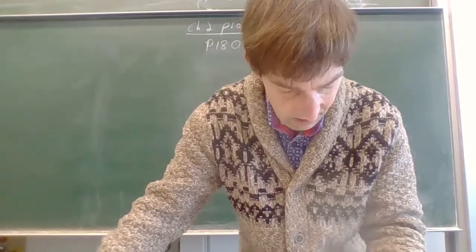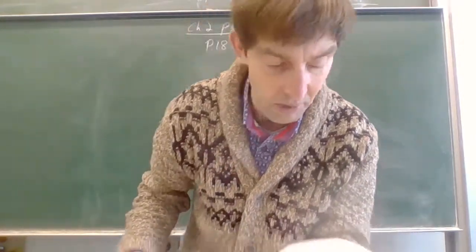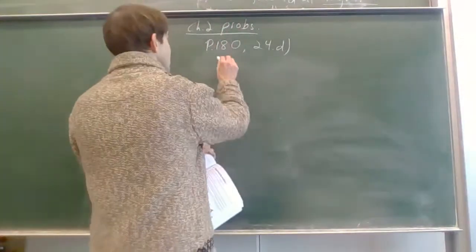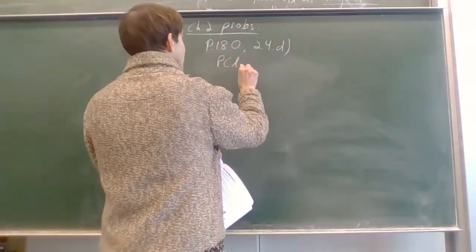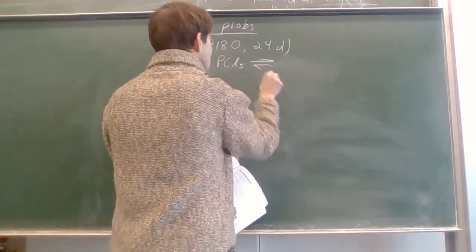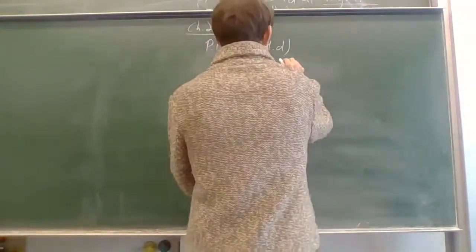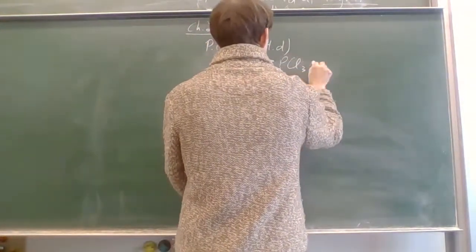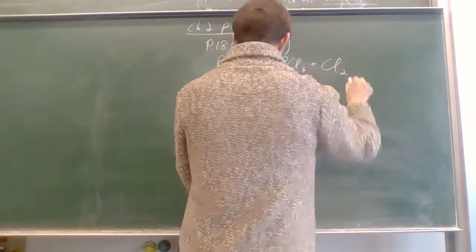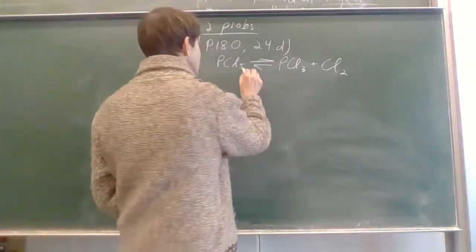First thing we need to do is write a reaction here. So we got PCl5 in equilibrium with PCl3 and Cl2, probably. Is that right? Yeah. Well, they're all gases.